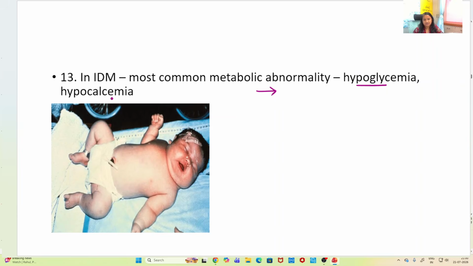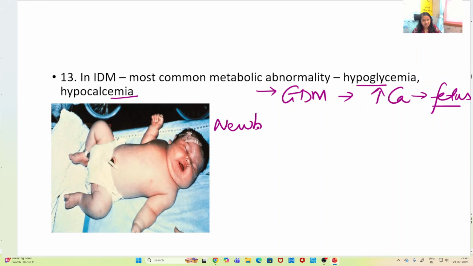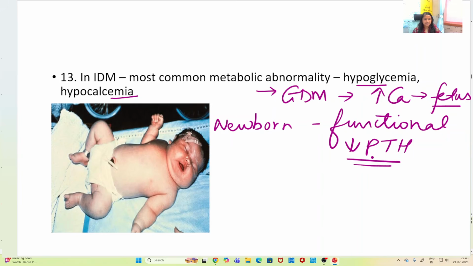Now what is the reason for hypocalcemia? In the diabetic mother, with gestational diabetes, there is increased calcium levels, and calcium is passed on to the fetus. Now the fetus is born, and the newborn has functional hypoparathyroidism, because a higher level of calcium is there in the blood.